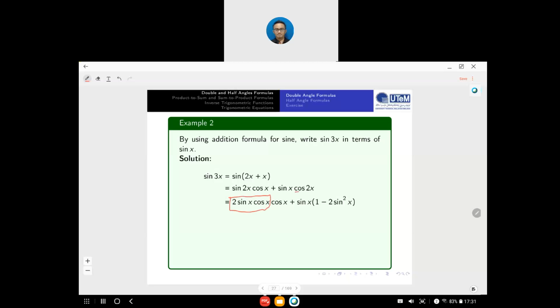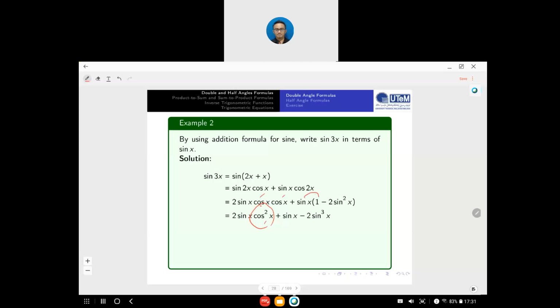And then cos 2x equal to this one. Okay? And then all the angles are in terms of x only. And then you can simplify this one. Okay, so this one is 2 sin x cos x, it becomes cos square x. Okay, because cos x times cos x becomes cos square x.